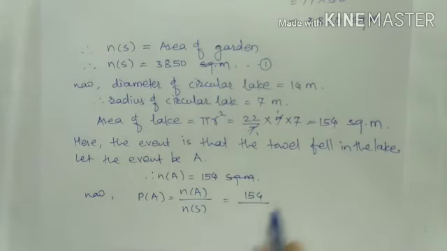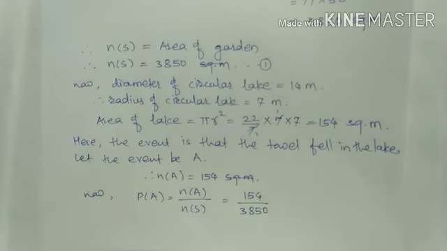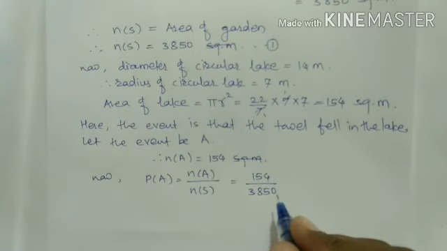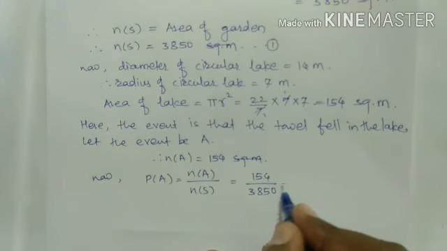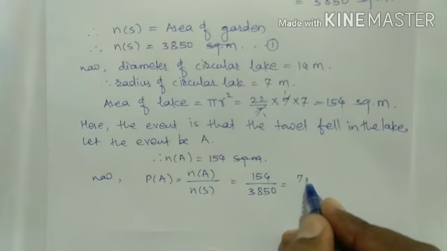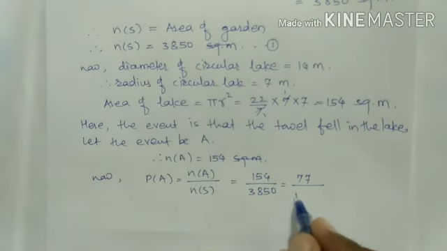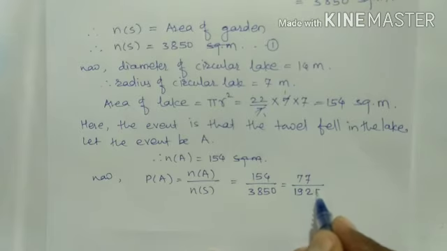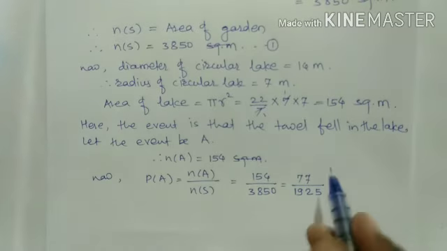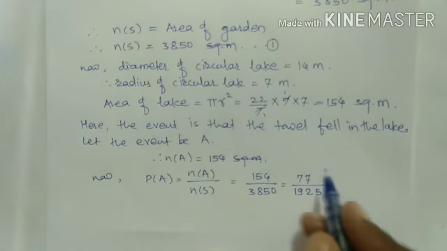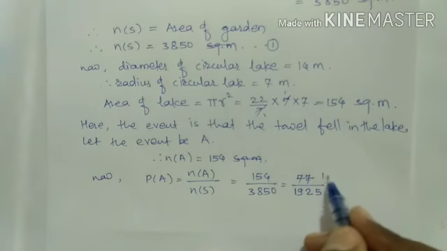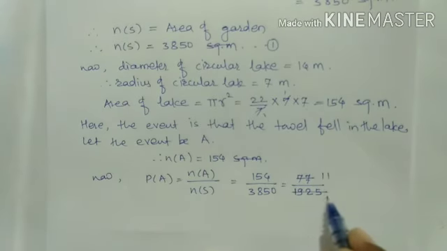3850. Now first divide this by 2. 2 sevens are 14, 2 sevens are 14. Then 2 ones are 2, 2 nines are 18, 2 twos are 4, 2 fives are 10. Then here we have to divide it by 7. 7 ones are 7, 7 twos are 14, it remains 5.